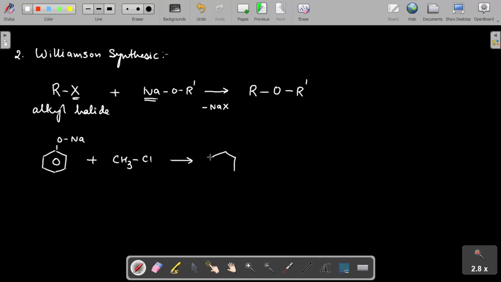We will get benzene-O-CH3. This is anisole. So this is one of the beautiful reactions where we have to see how the ether is formed.